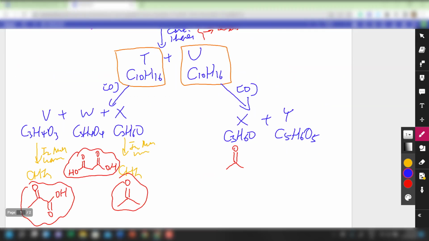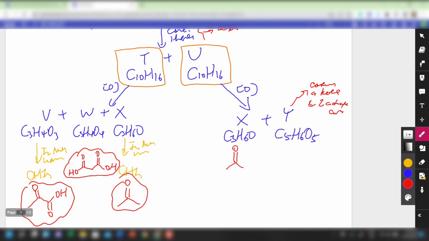With that, we can make some prediction about Y. So Y contains a ketone and 2 carboxylic acids.